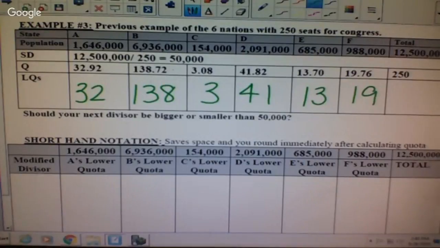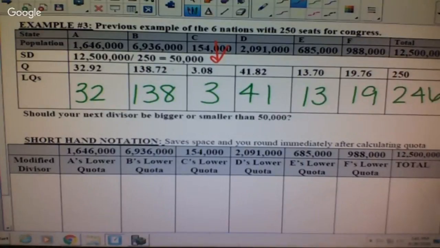Okay, when I add this up, what do we get? 246. That gives me a total of 246. I need to reach 250. So 246 needs to go up, which means my standard divisor needs to go down.